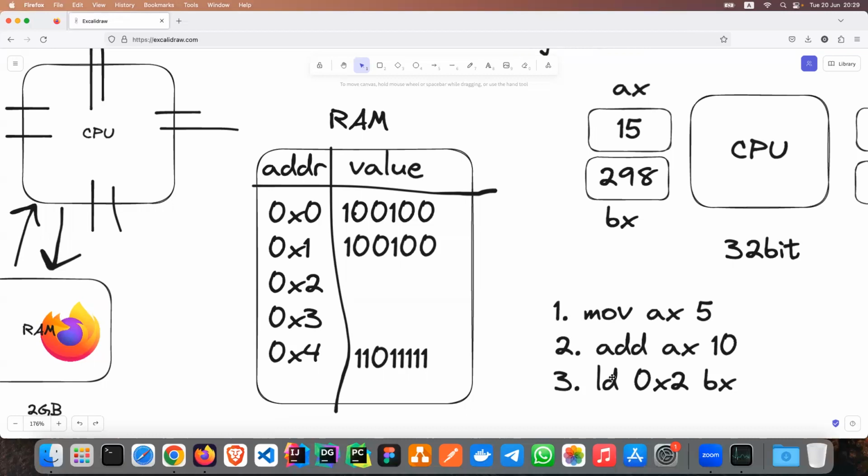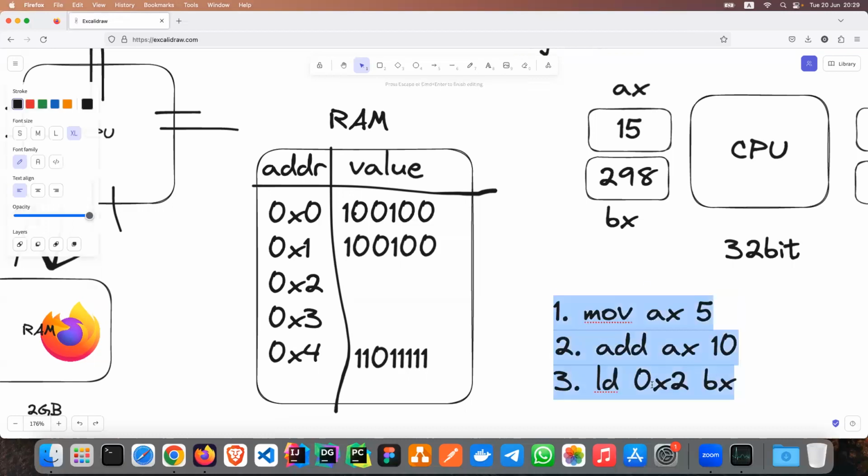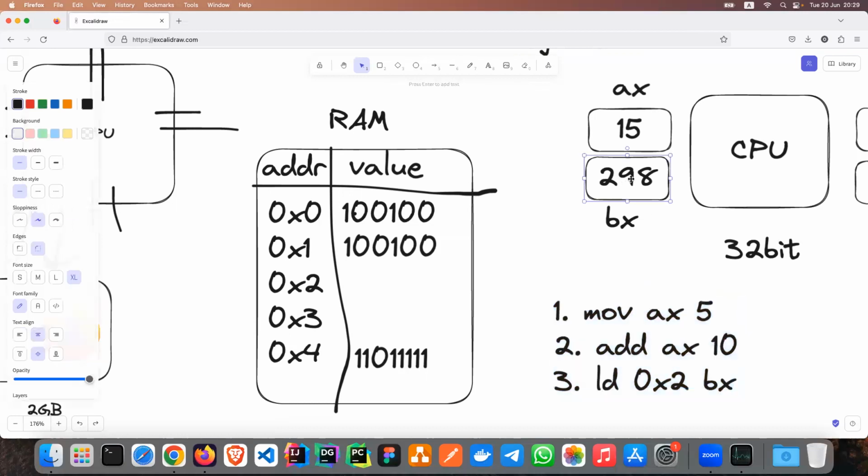The CPU just goes to that address. For example, I can say load 0x2 to bx. I mean, whatever is in this address, get this data and store it in my bx register. Okay, the idea is clear, right?